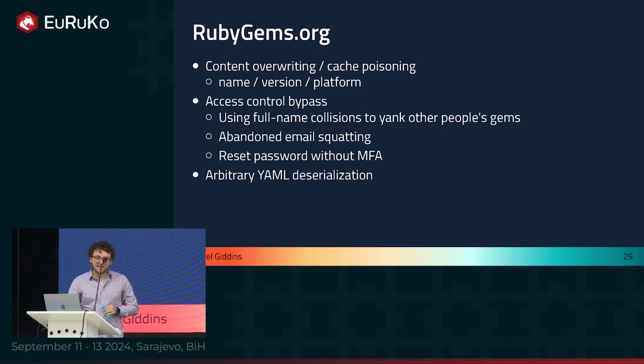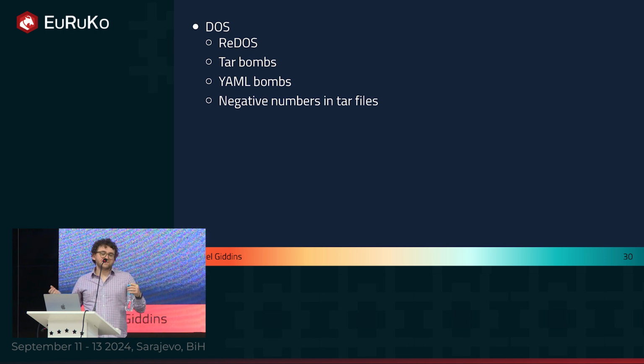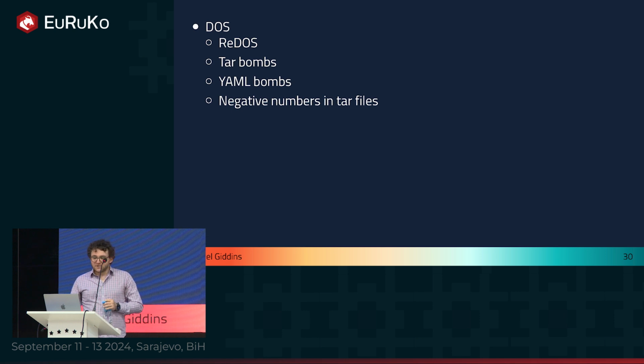Someone found a way to reset passwords without MFA. Everyone's favorite arbitrary YAML deserialization. A whole other host of DoS vulnerabilities, including, of course, multiple types of bombs. That's just a term for like self-referential unpacking of a file. The negative numbers in tar files.